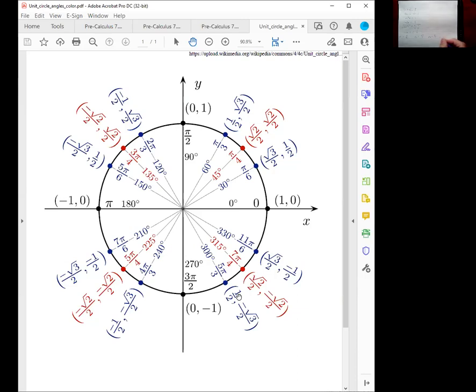And 5 pi thirds. These are all the solutions.